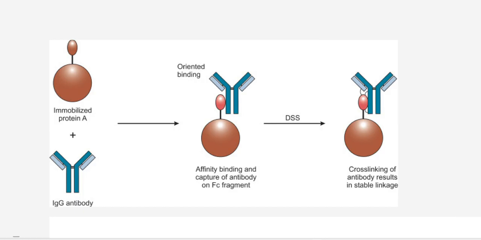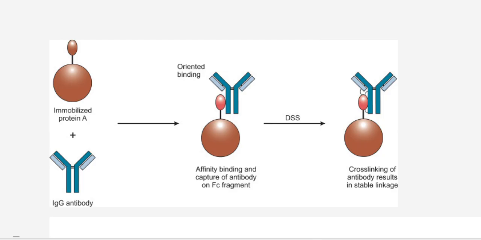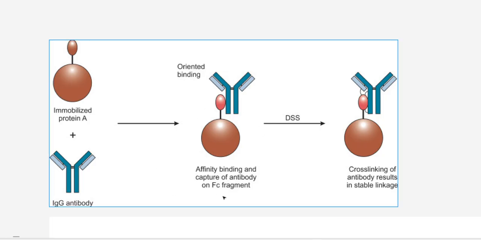But what happens with protein A is that, instead of the antibody attaching normally, protein A binds the Fc portion of IgG. Since it binds this Fc portion, the Fc is placed toward the bacterium and the Fab is facing outwards.